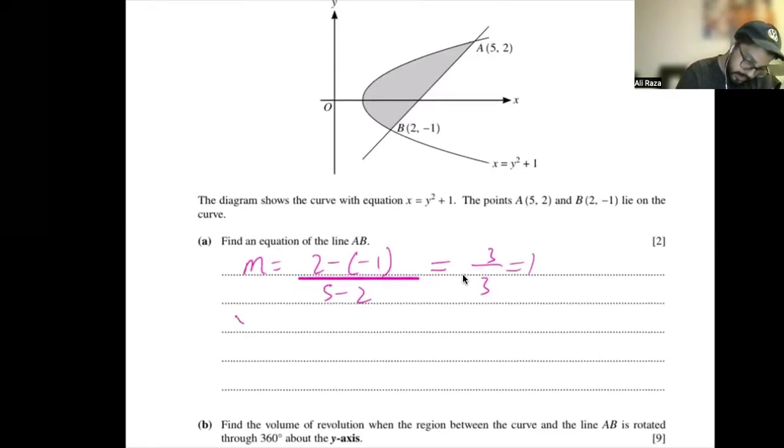And then we'll use the equation y minus y1 is equal to m bracket x minus x1. We'll plug in a pair of coordinates and use the gradient to form the equation. So I'll use these coordinates, 5 and 2.